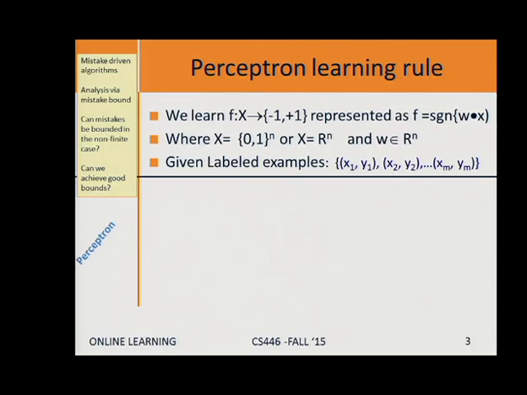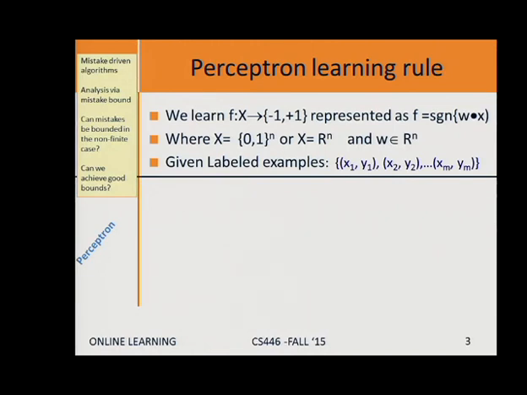You believe that your hypothesis is right. This is a very simple, very natural protocol, and it will also allow us, as you'll see, to show some powerful results. So the analysis we're going to provide is via this mistake bound. We look at mistake-driven algorithms, so we care about how many mistakes the algorithm makes until it's done, maybe stops making mistakes, or at least doesn't make a lot of mistakes.